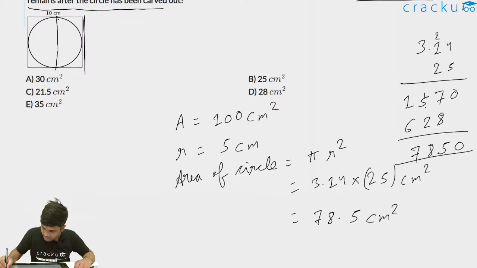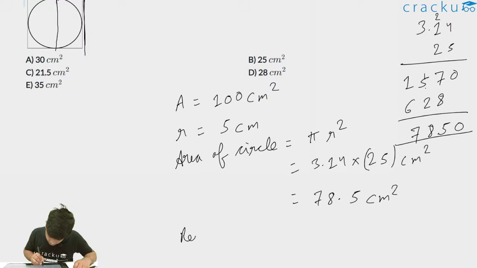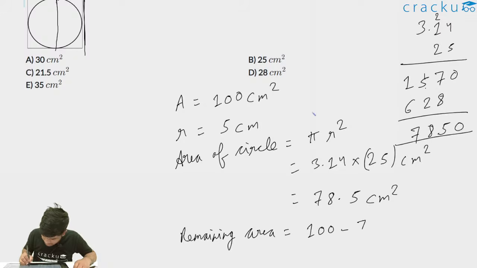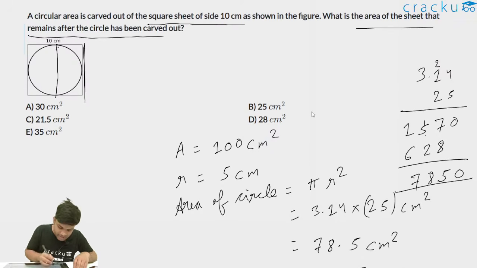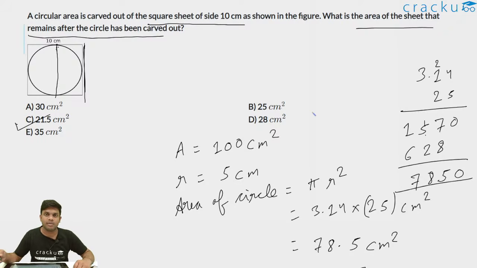So the remaining area will be 100 minus 78.5, which you will get as 21.5 centimeter square. So the answer will be option number C, which is 21.5 centimeter square.